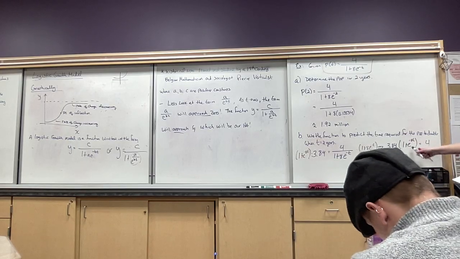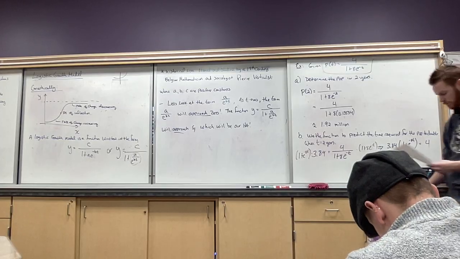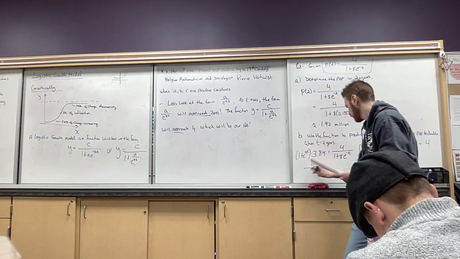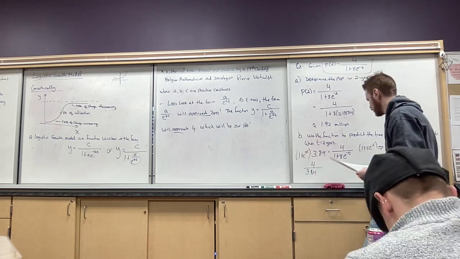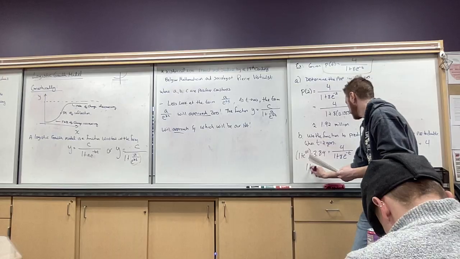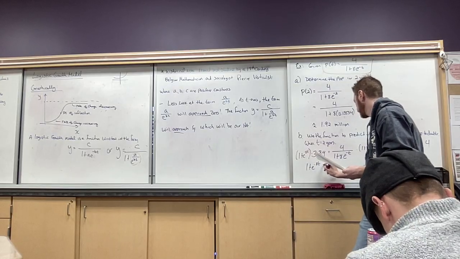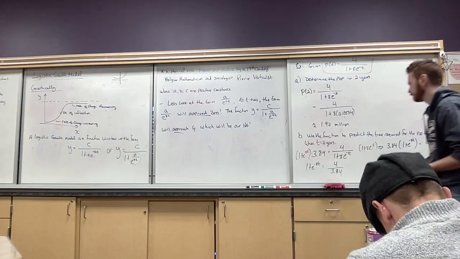Now I want to solve for t, so since I'm multiplying by 3.84, let's bring that over to the other side. So we get 1 plus 8e to the negative t equals 4 over 3.84.